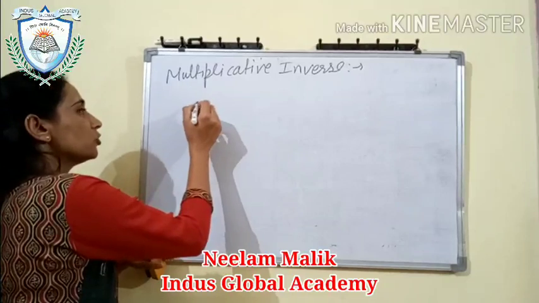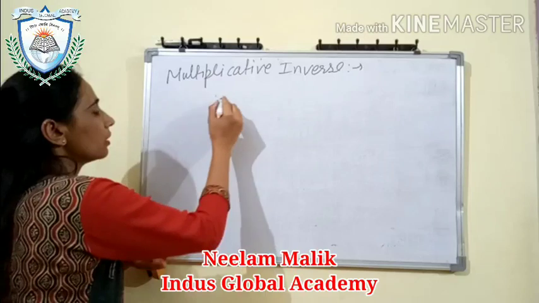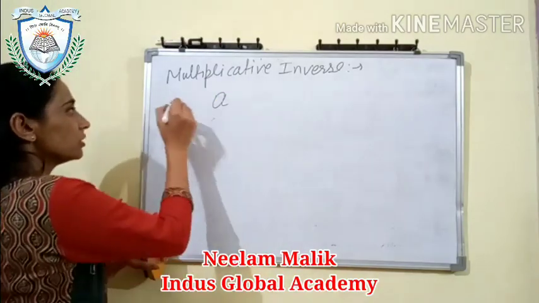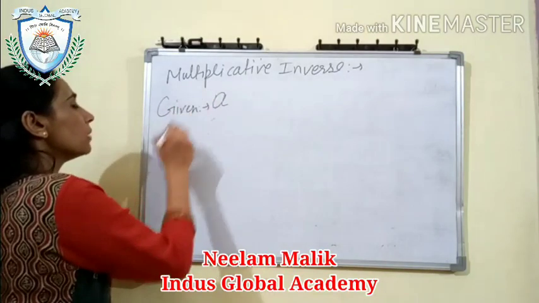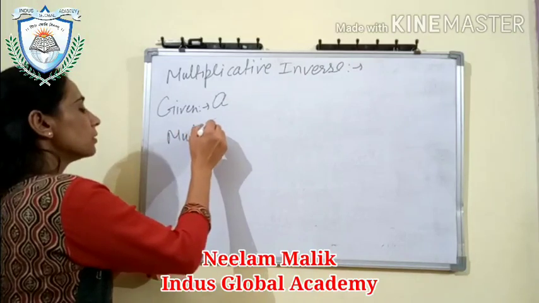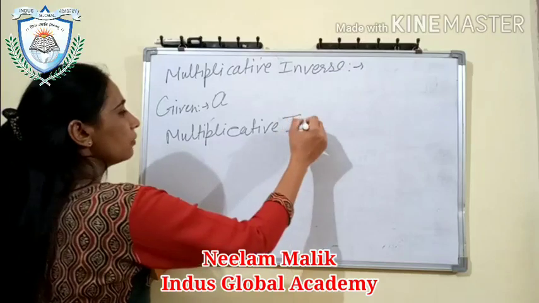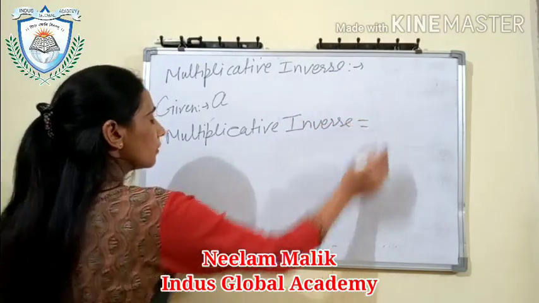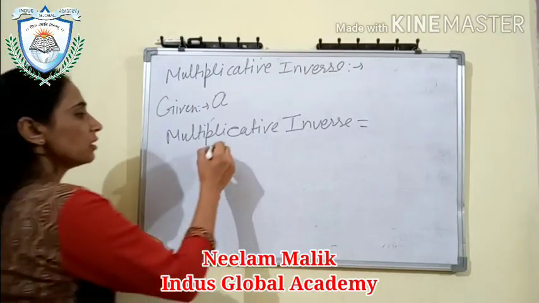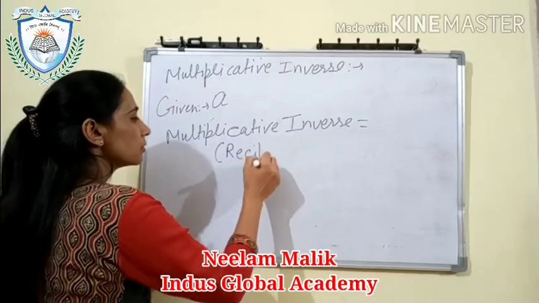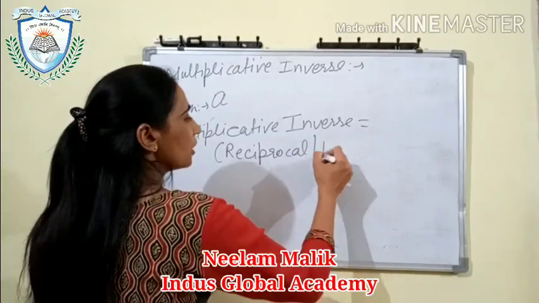So what is this multiplicative inverse? Suppose you are having any number a, a means any value. So what will be the multiplicative inverse? That will be the reciprocal of this, or you can say inverse.